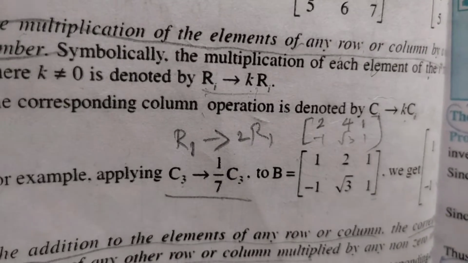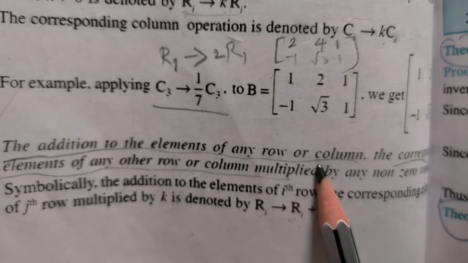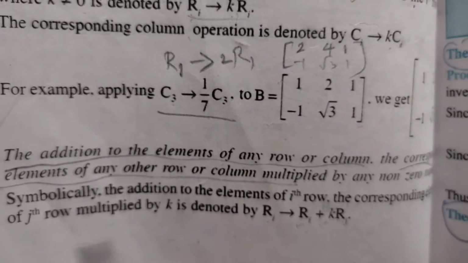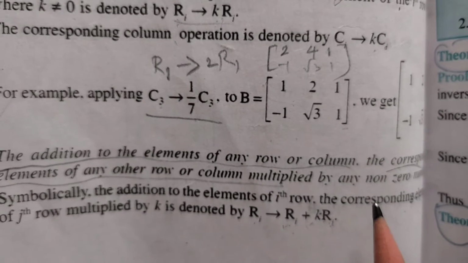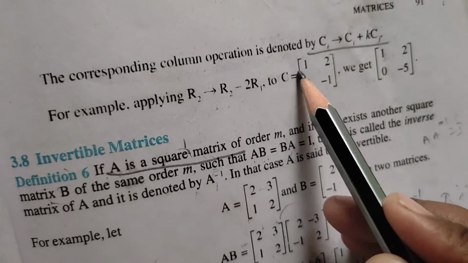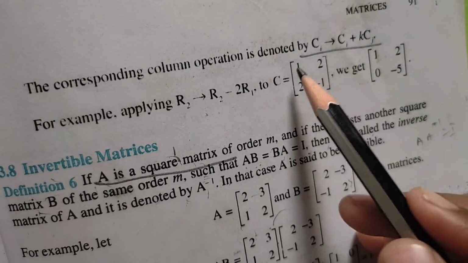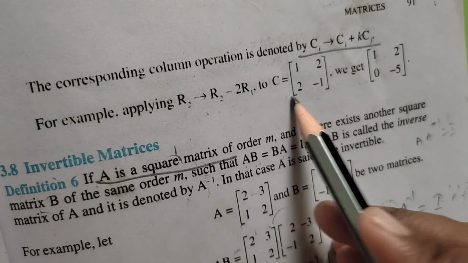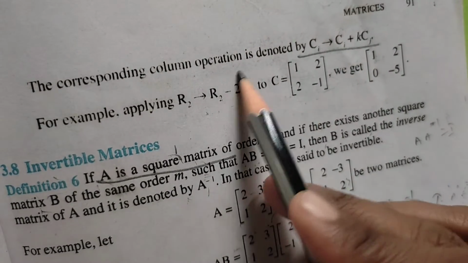Now the third one is the addition to the elements of any row or column, the corresponding elements of any other row or column multiplied by any non-zero number. It means addition of elements of the first row or any row with the elements of another row which is multiplied by a number.